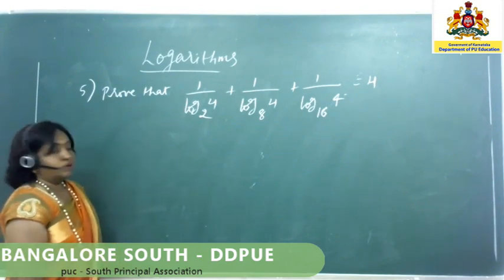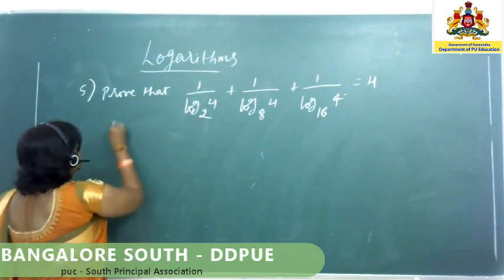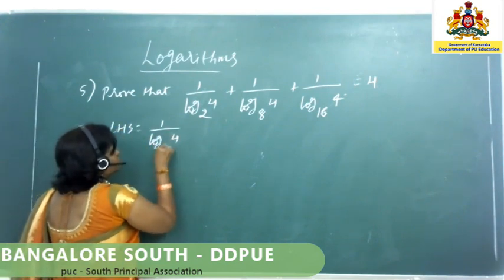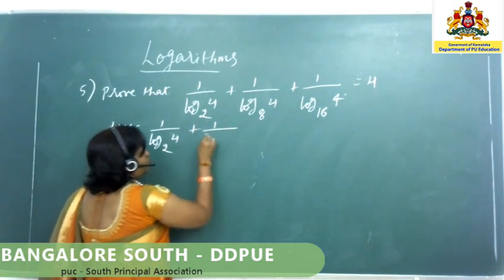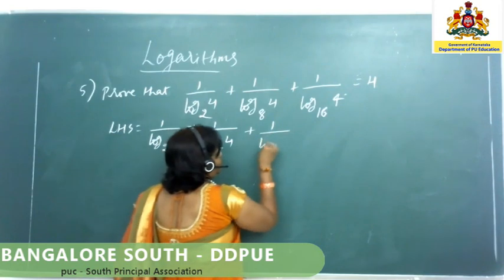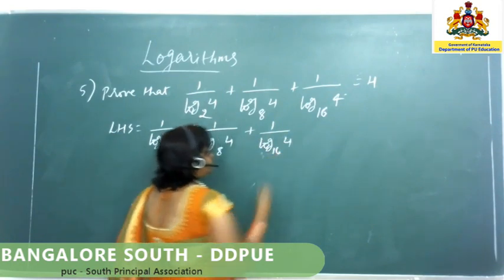So here also consider LHS. LHS is equal to 1 by log 4 to base 2 plus 1 by log 4 to base 8 plus 1 by log 4 to base 16.